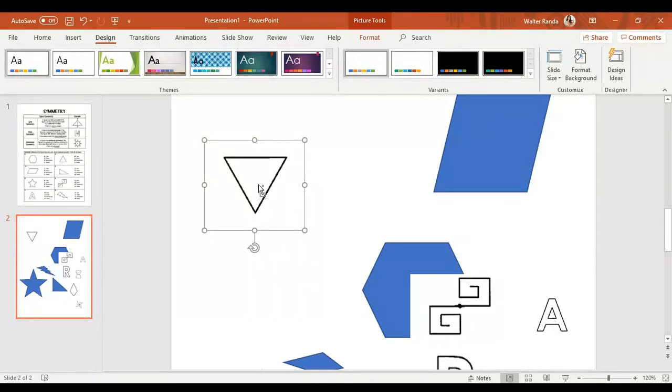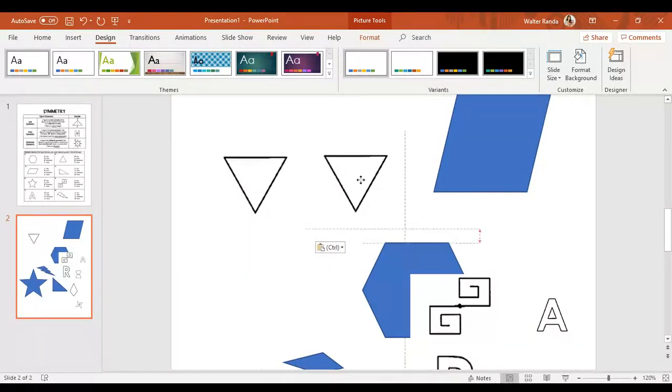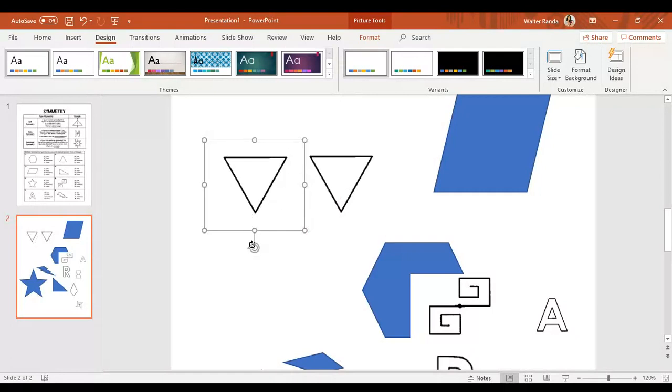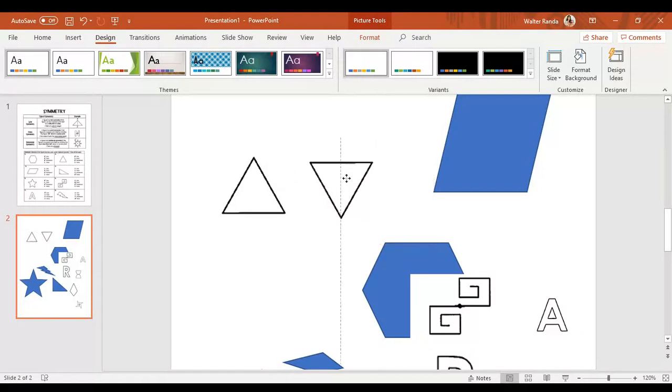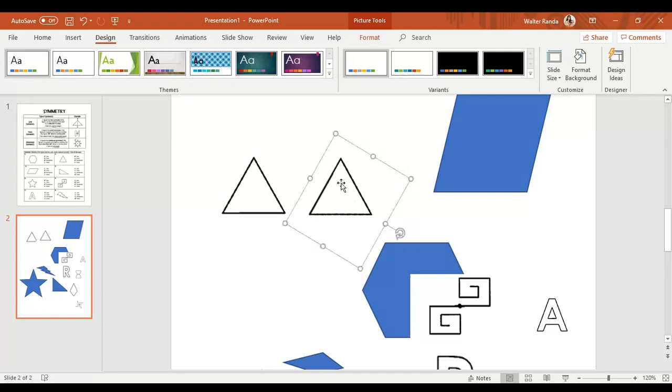However, it might still have rotational symmetry. So I'm going to create just another one here, and let's take it back to the original. Here's the original, here's the copy. If I rotate this 180 degrees, it's upside down, it's different. But if I rotate it another 90 degrees or so, looks like about 270, notice how it is the same figure.